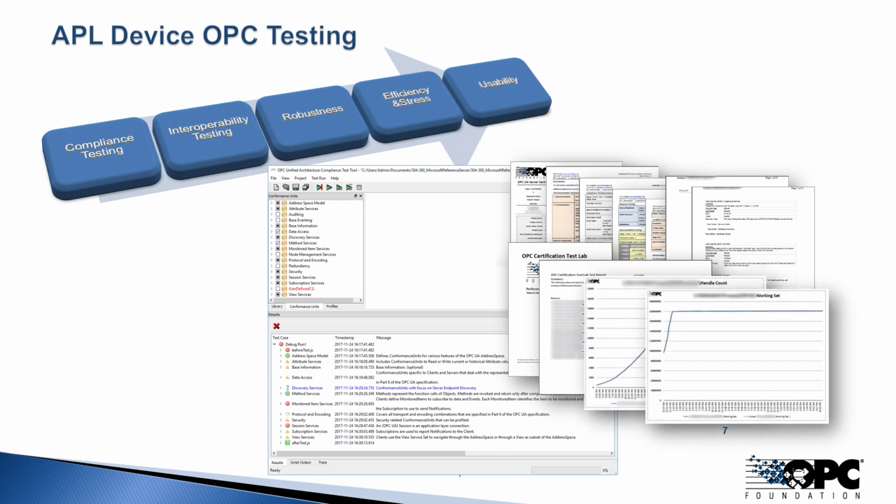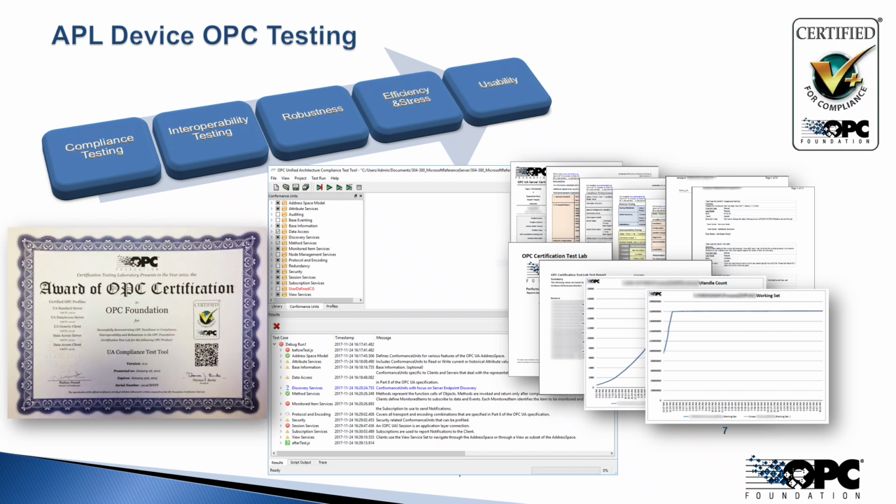APL devices are somewhat a little slower, so occasionally there were some timing issues in the tests. You generate the same result when you're all done. So it is effectively the same tests you would have for a device that's on regular Ethernet versus APL. When you're all done, you end up getting a certification and a logo and get the product listed in the marketplace. The product will include the fact that it's an APL device.